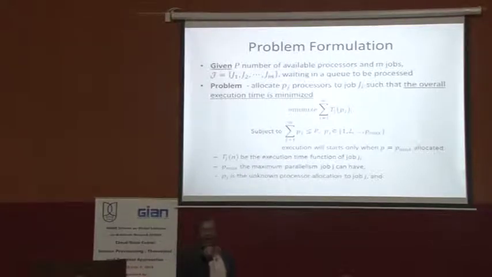So you can't assign more than that. The third one is that execution will only start when the job gets all the processors it requested. So under these three conditions, we want to allocate the available processors to the jobs such that we minimize the overall execution time of these jobs. That's all.